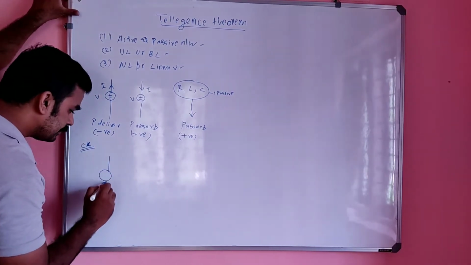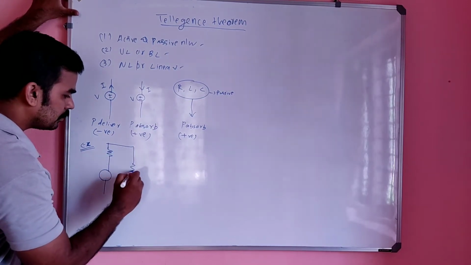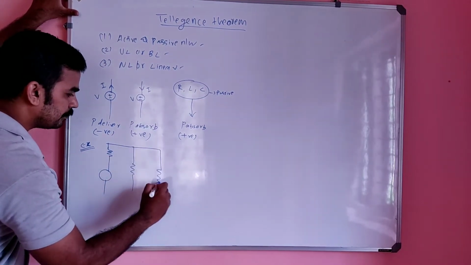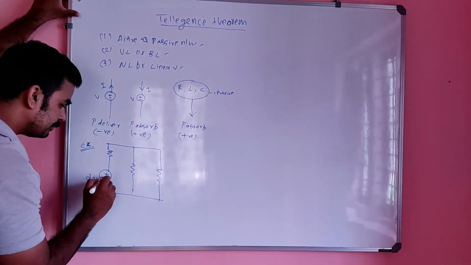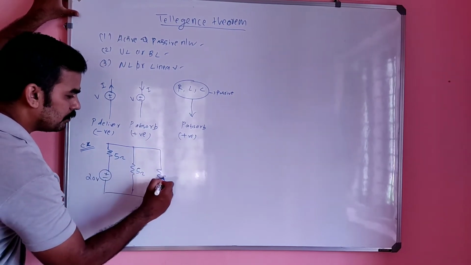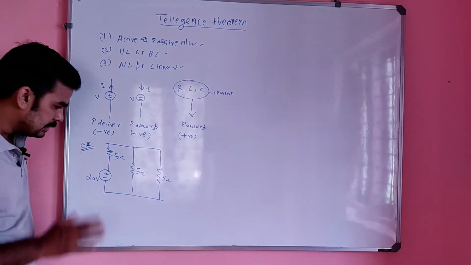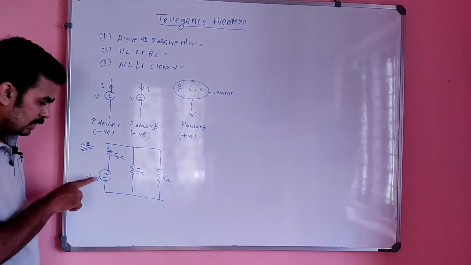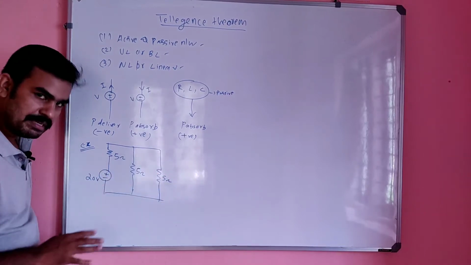Consider this circuit: it is 20 volt, and let it be 5 ohm. This circuit contains a voltage source and a group of resistors, 5 ohm each.